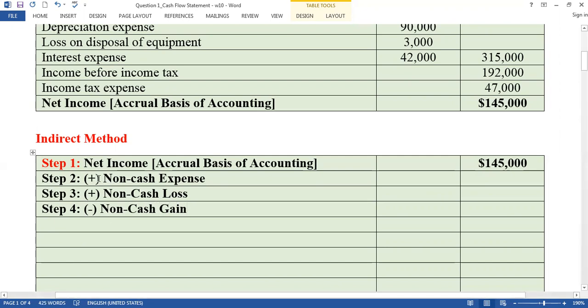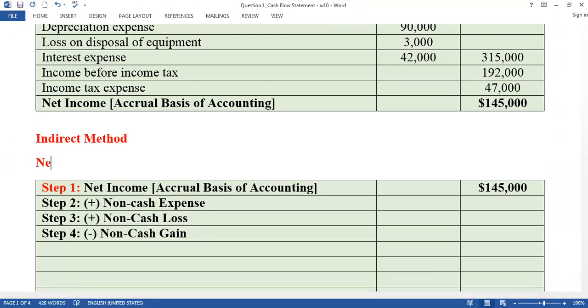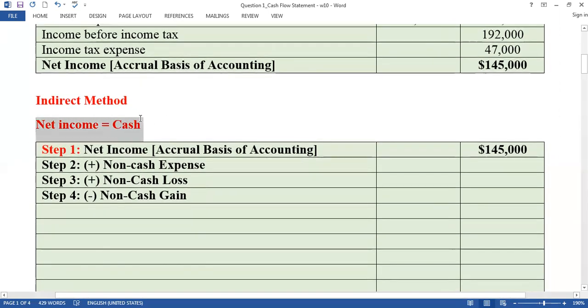So I put some plus and minus sign here to make it, that is my goal is to make it something like this. Net income equal cash. This is my goal, to make these equal. Net income and cash equal.